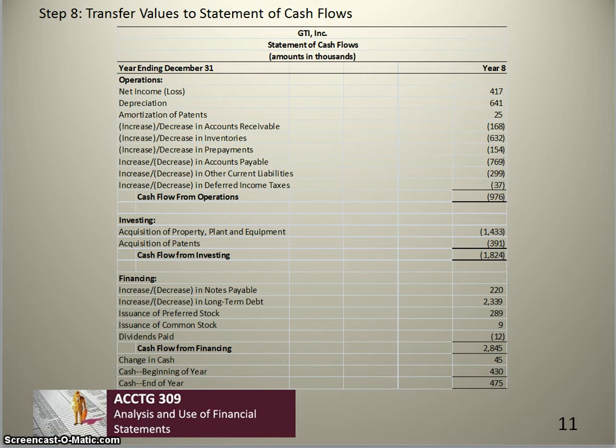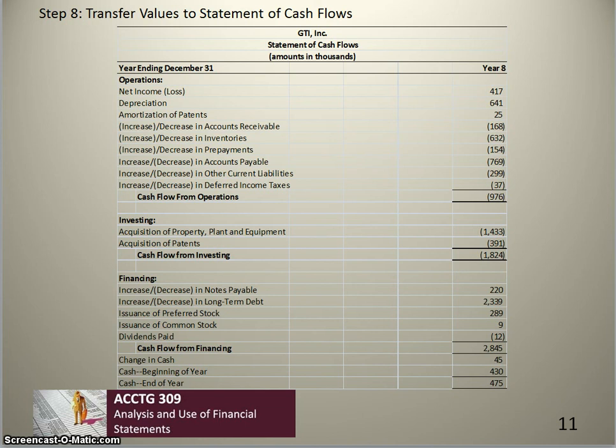Under investing, we show the amounts identified for the acquisition of PPE and the amount identified for the acquisition of patents, which results in a total cash flow from investing of minus $1,824,000, excuse me.